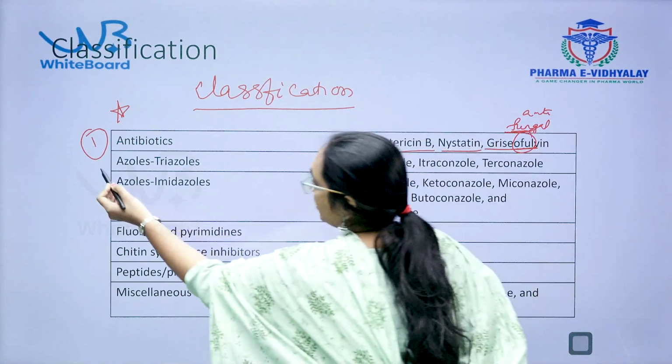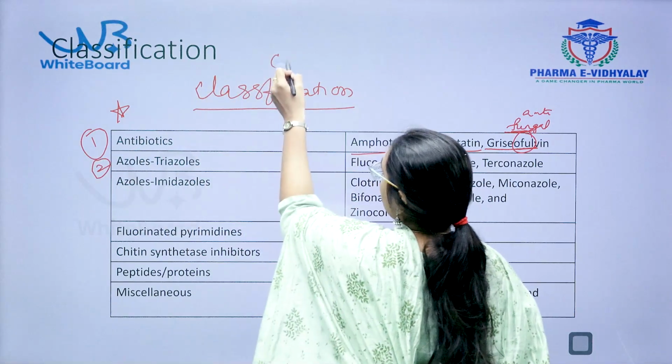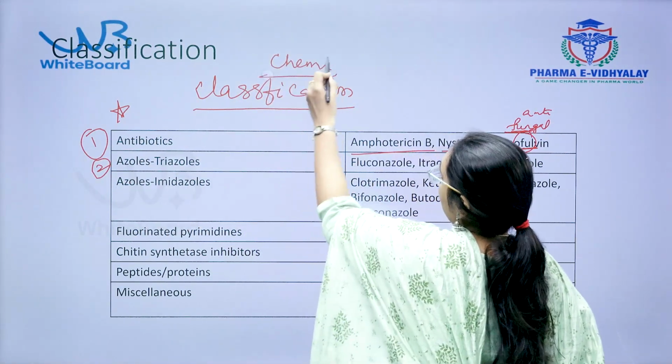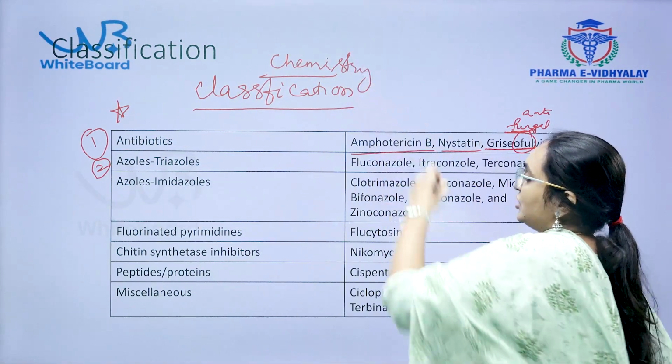Next, azoles. This is a classification based on chemistry, a chemical classification.